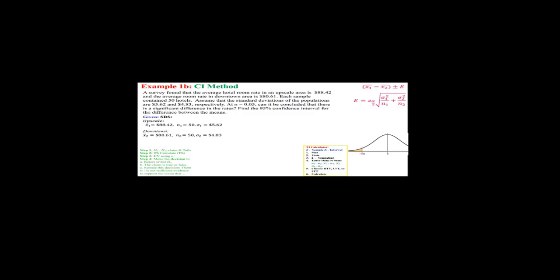As far as the confidence interval is concerned, as I mentioned, look at the top right, the formulas. We need x1 bar minus x2 bar. It was the numerator of our test statistic. We need the E. E is the product of the denominator of that and Z. Z from the previous page was 1.96.